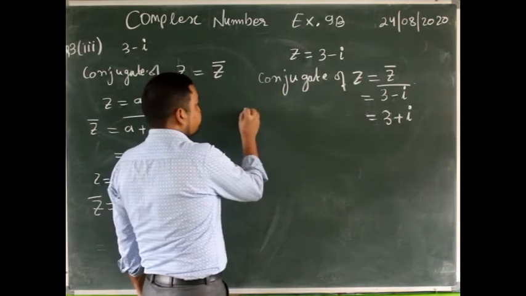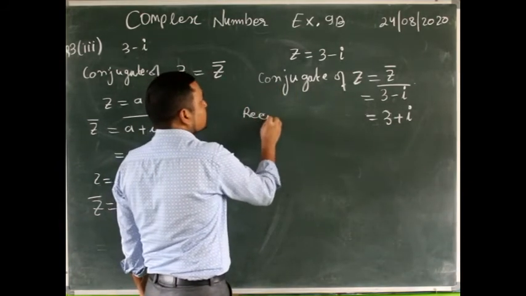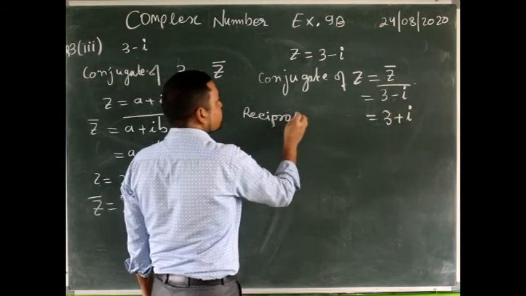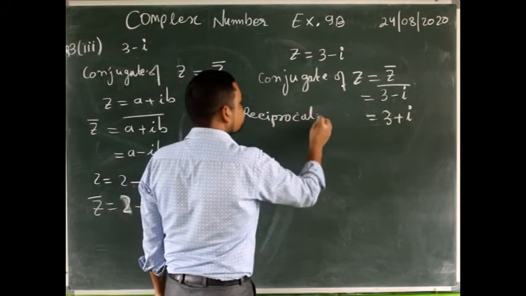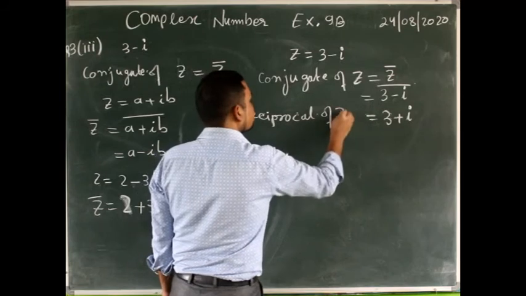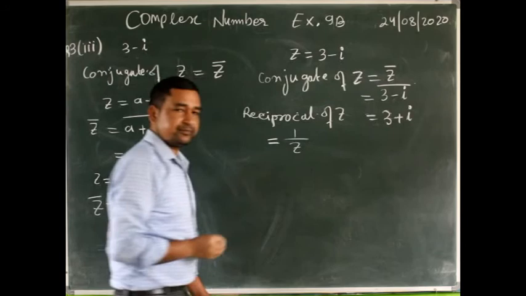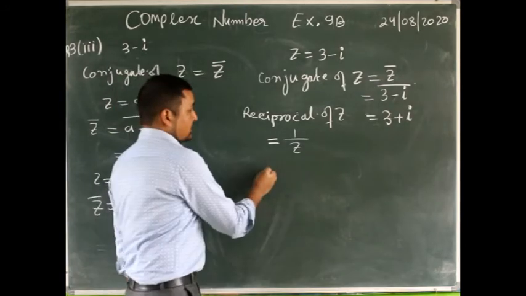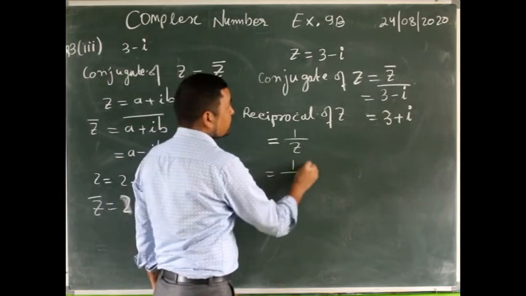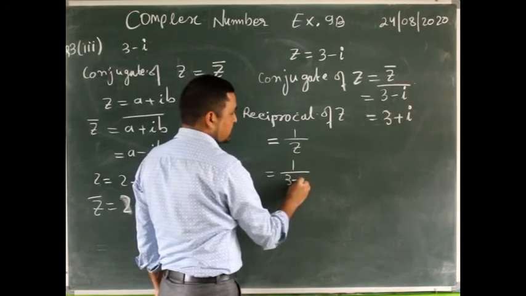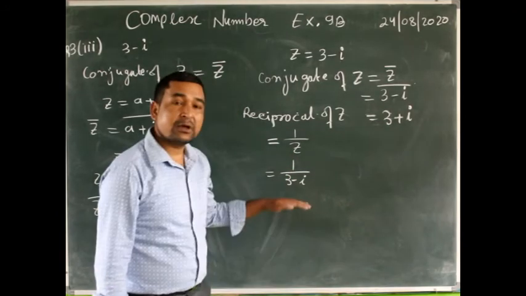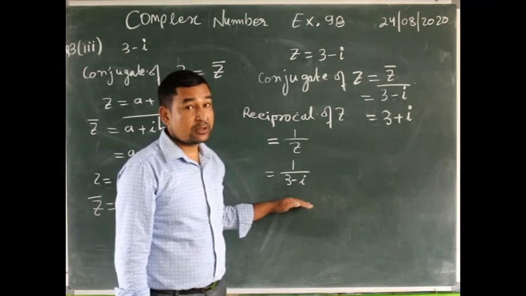Reciprocal of z equals 1 upon z. Then substitute the value of z here. The value of z is 3 minus i. Don't leave the complex number in the denominator.